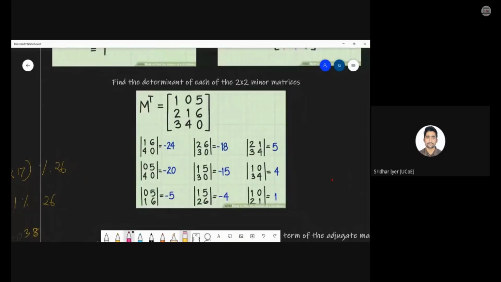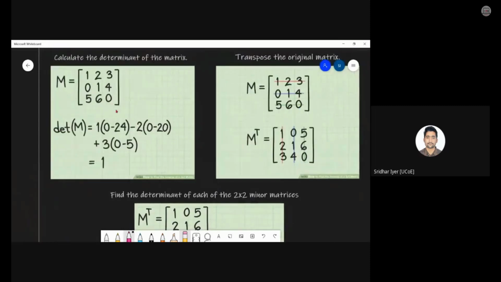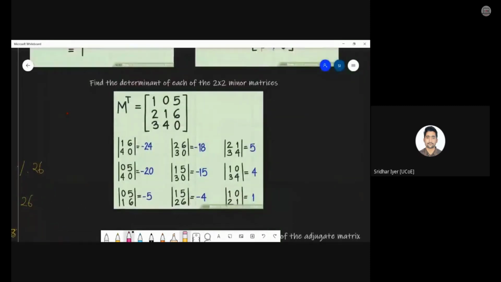Now you know what a minor matrix is, right? That is what we did in the case of this determinant also. Same thing you have to do: find the determinant of each of the 2 by 2 minor matrices. So the very first thing, if I consider M1,1, then the value we consider is this, that is 1, 6, 4, 0.